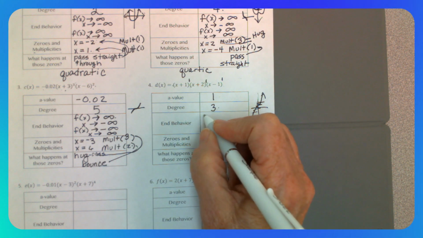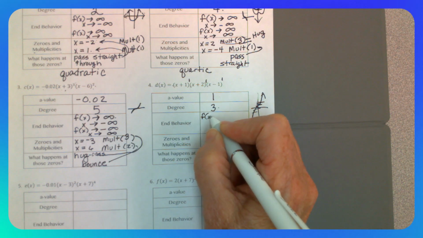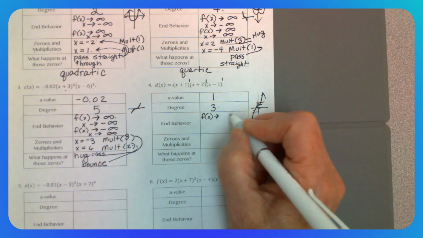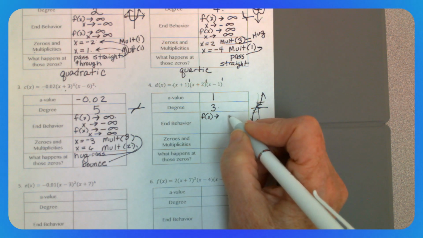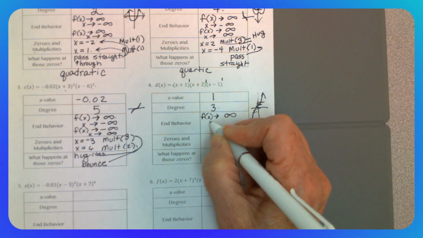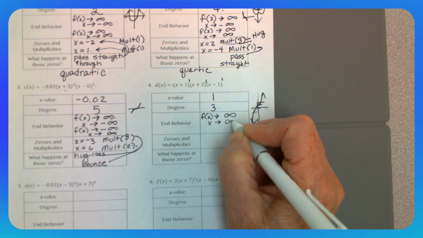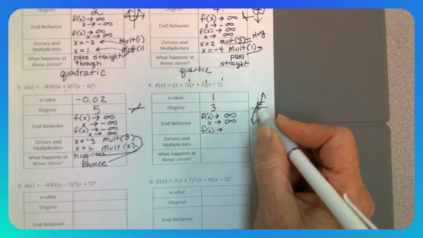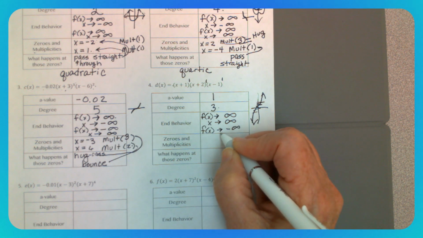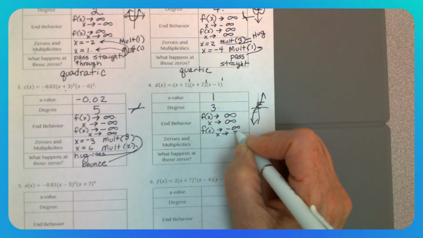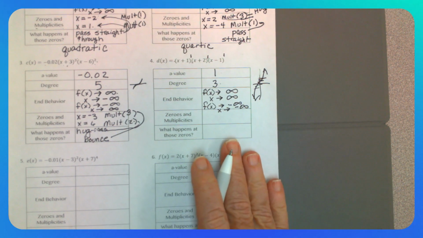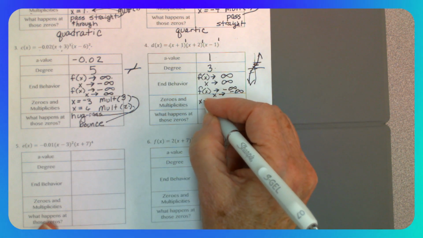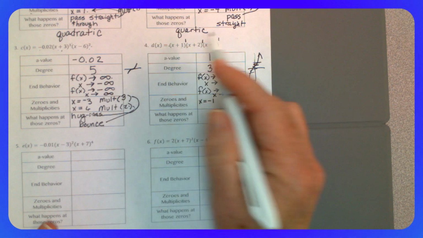So the end behavior, f of x is approaching positive infinity as x is approaching positive infinity. And f of x, or y, is approaching negative infinity as x is approaching negative infinity. The zeros are at negative 1, x equals negative 1, and it has a multiplicity of 1.